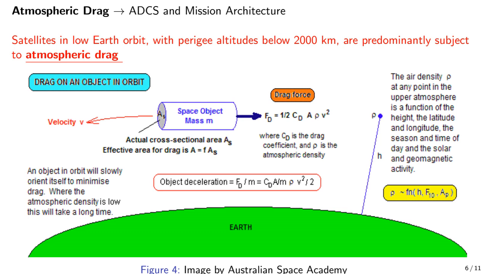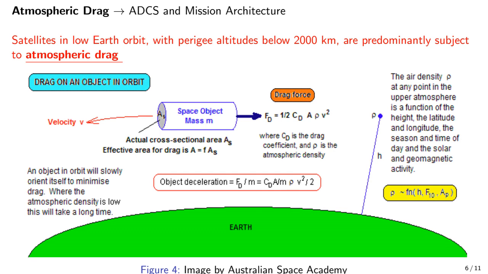There's a lot you can read about atmospheric drag, but it has an effect on your ADCS and mission architecture. So you can actually compute this drag force to get an estimate of your satellite's re-entry into the Earth.